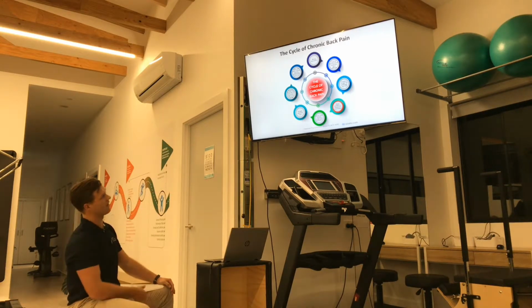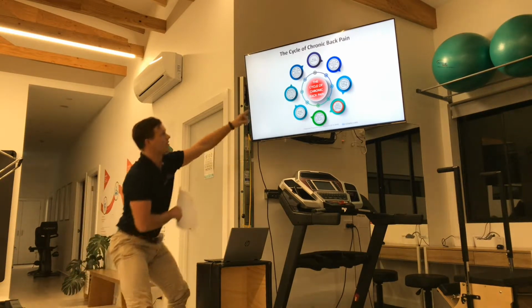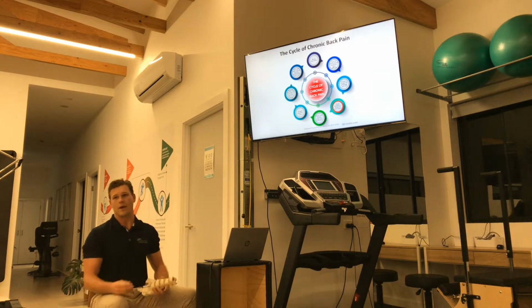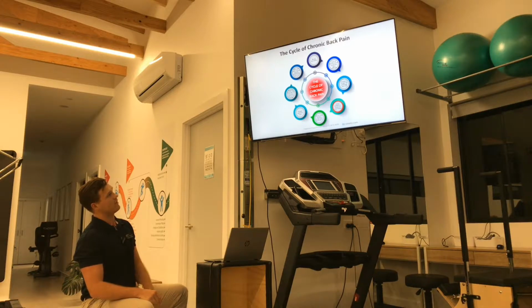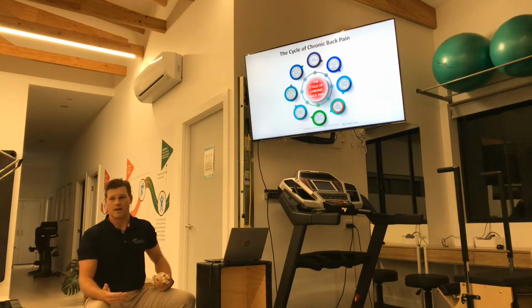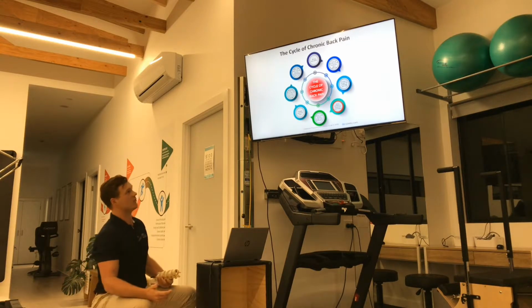So if we start at this top corner here, an example of that, maybe someone's been made redundant at work, or there's not enough going on, or their partner has injured themselves as well, and there's money worries.